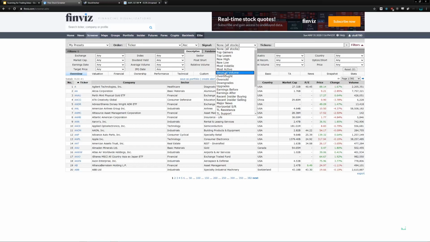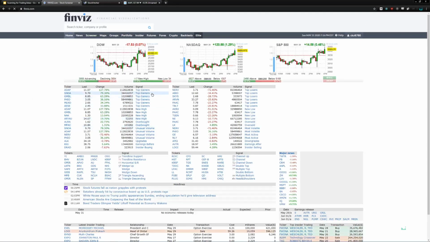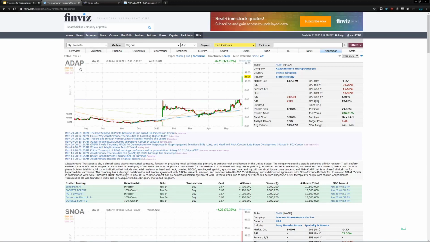So sometimes you'll find the more under the radar stocks that are making moves on the unusual volume scan. And same thing with the most volatile scan. I don't use that one as much, but top gainers and losers I use a lot. So let's start with the top gainers and we'll go through what those 3 questions are.